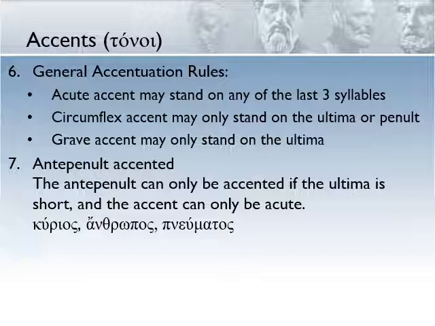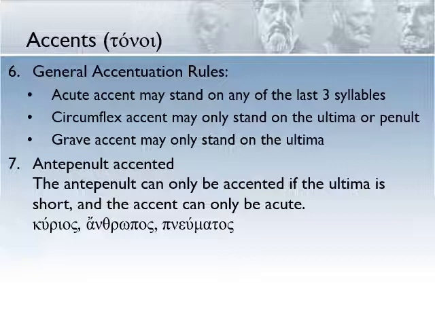Look at the second example, anthropos. We've already looked at this word. This is the word for man, and it has three syllables, an, thro, and pos. So pos at the end is the ultima, thro, second from the end, is the penult, an at the beginning of this word, or third from the end, is the antepenult.